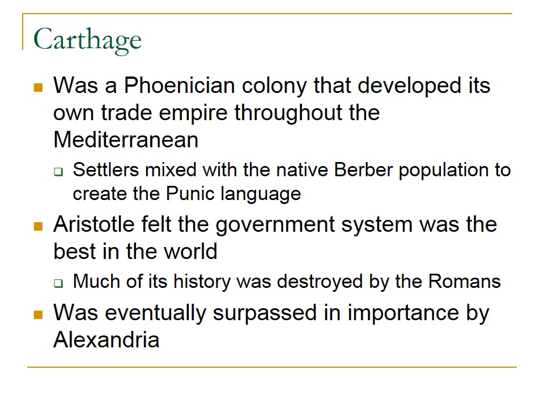The government system that Aristotle wrote about for Carthage was one of the most democratic in the Mediterranean world during this time period. However, when the Romans sacked Carthage in the Third Punic Wars, we lose a huge amount of records.